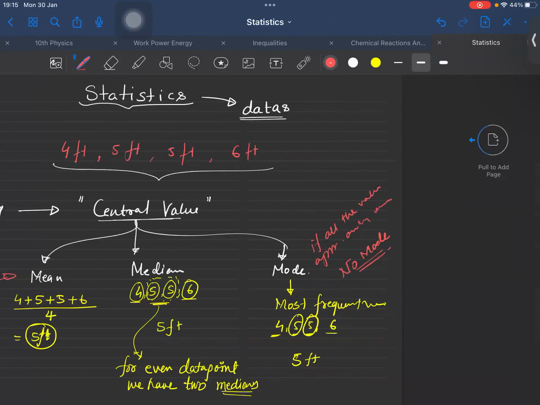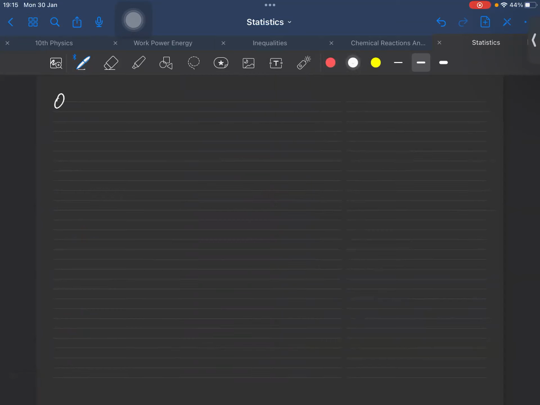Let's say we have some data points: 12, 3, 18, 17, 4, 9, 18, 2, 3.